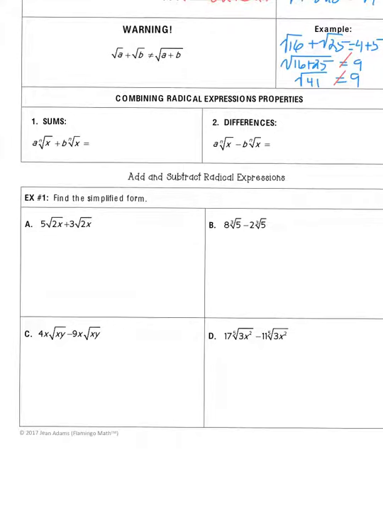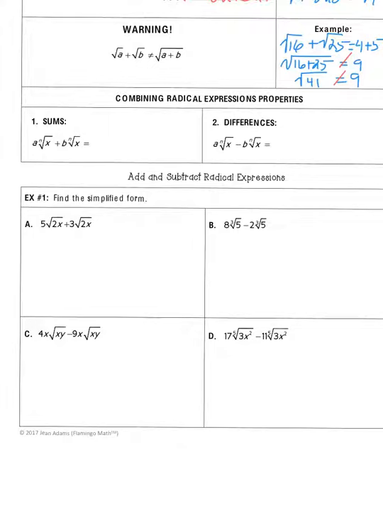So for combining radical expressions, if you have some number in front, and if there's not a number in front, then it's assumed to be 1. If you've got the same indexes and the same radicand, then all you do is take this coefficient, if you want to call it that, plus this coefficient, and just add those together.